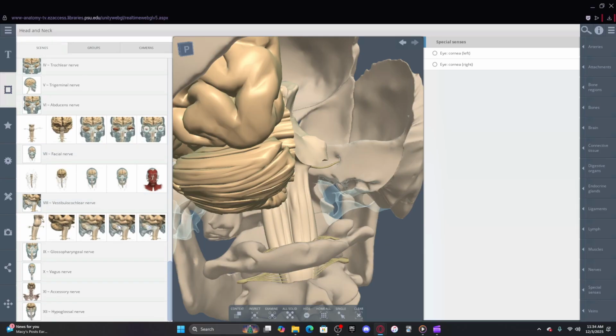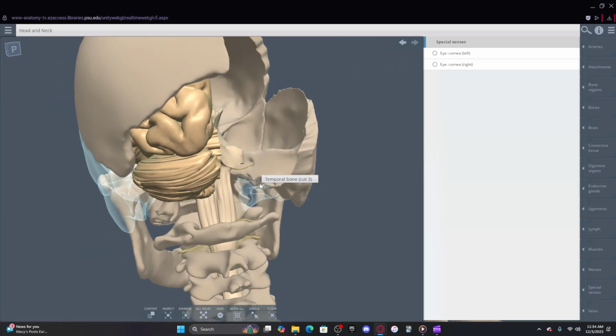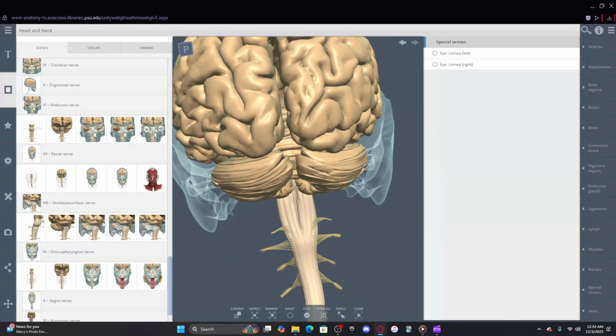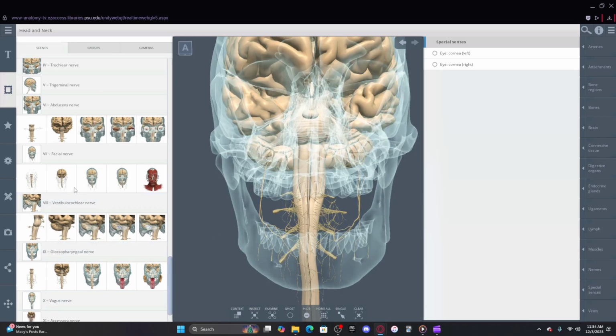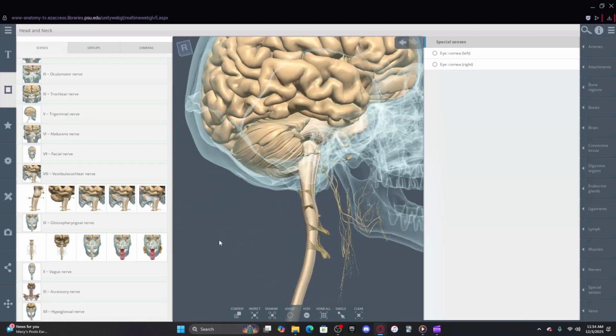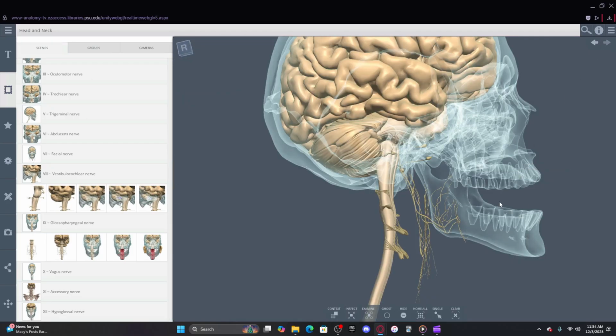Now we're going to look at cranial nerve number 9. So glossopharyngeal. You can see glossopharyngeal here.